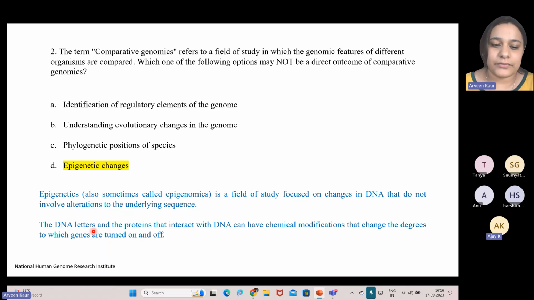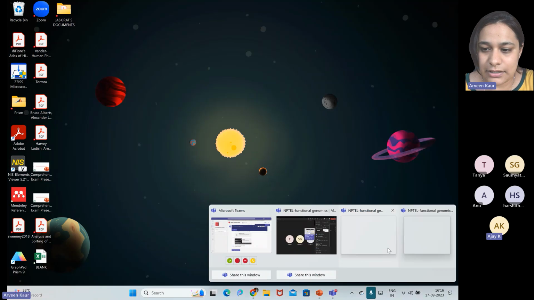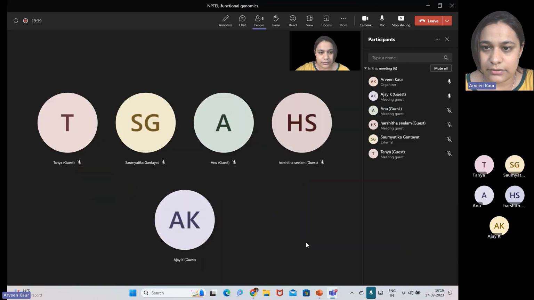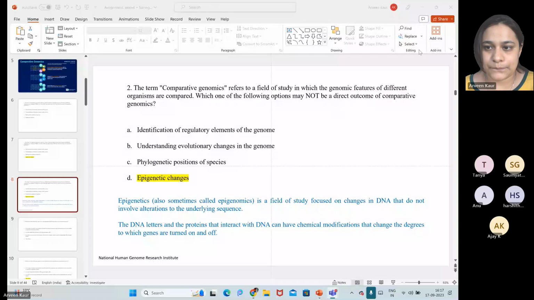I'm not able to see the screen. I don't know about the other two. I tried to join and rejoin. I'm not able to see the screen. Is that the problem with everybody? Wait, let me stop sharing and I'll share again. Maybe that resolves the issue. Is it okay now, Ajay?